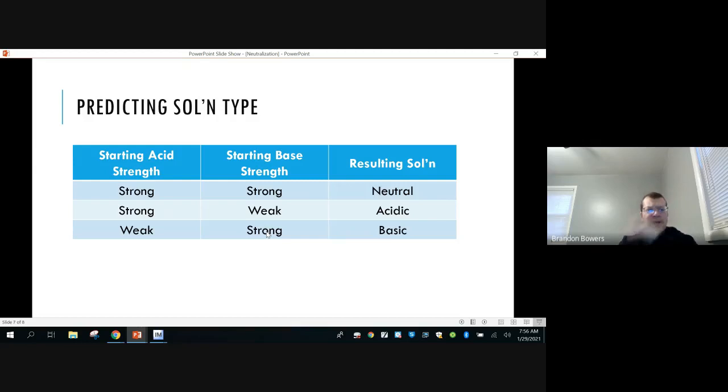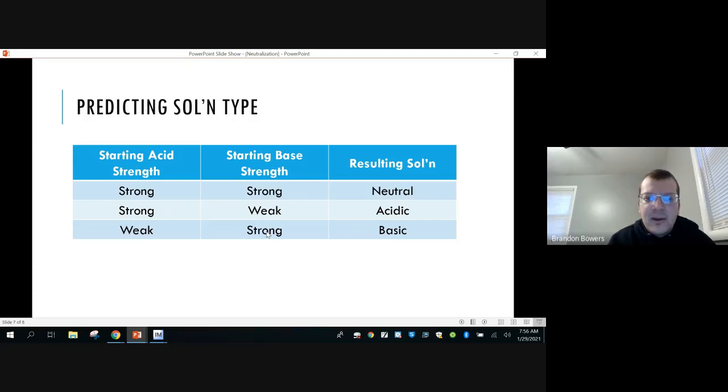If you have a strong acid on the left and a strong base on the right, those are going to neutralize each other. However, if you have a strong acid and just a weak base, you're going to have an acid.